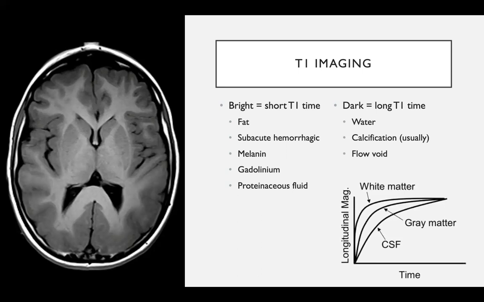Now, dark materials will have a long T1 time, and these include water, calcifications, and flow voids of our major vessels. And this graph here on the bottom shows the longitudinal magnetic vectors and how they change over time. So we can see that the white matter has a shorter T1 time compared to the gray matter, which has a shorter T1 time than the CSF.